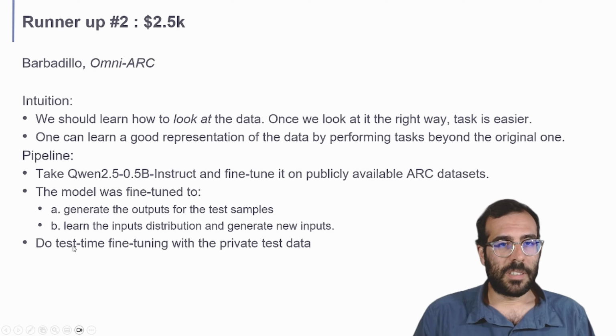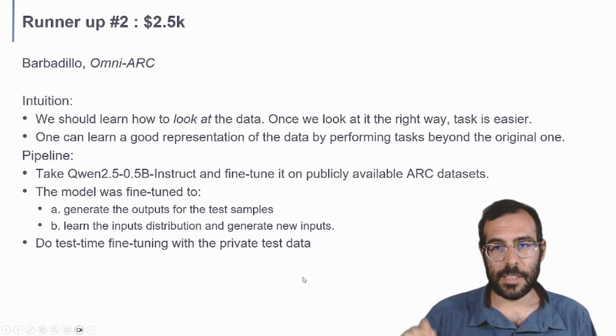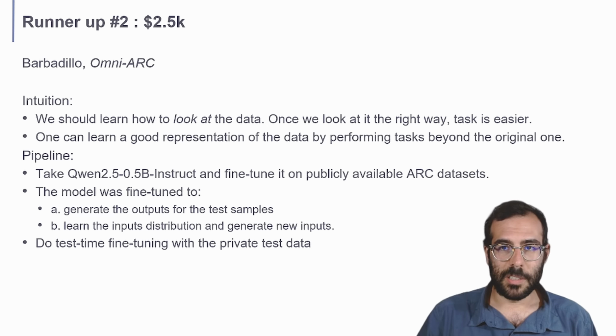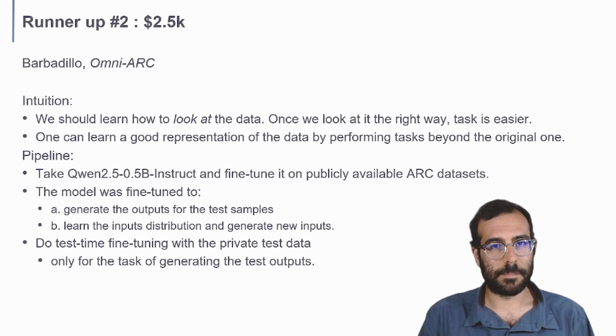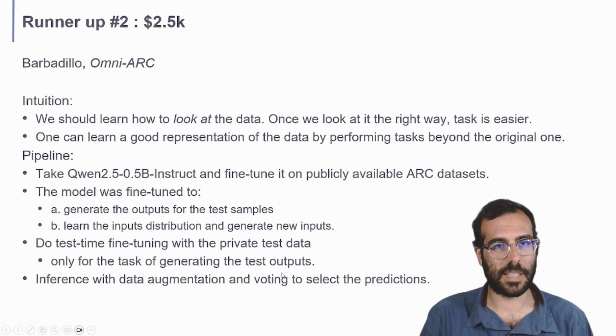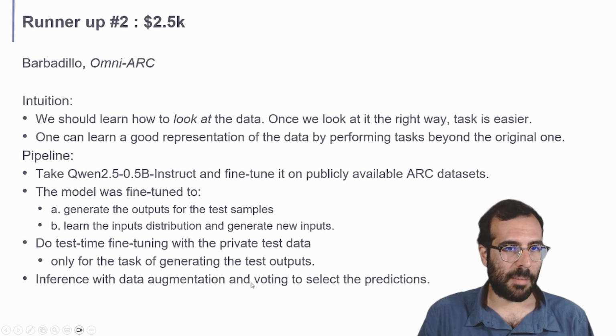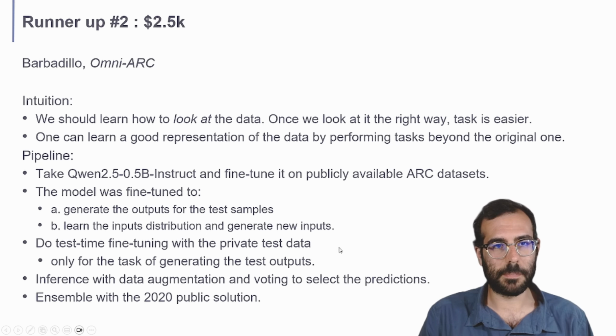And then the model also does test time fine-tuning with the private test data, which is a strategy similar to the one we've already talked about. And this test time fine-tuning is only for the task of generating the test output, so for doing transduction. Finally, there's a step of data augmentation and voting to select the predictions.